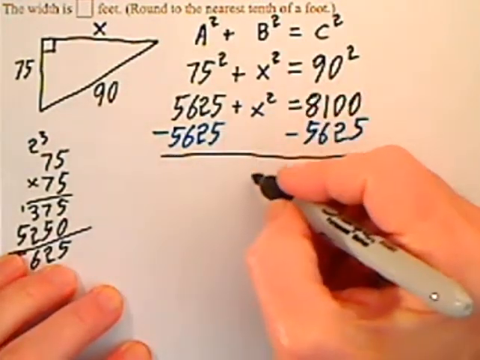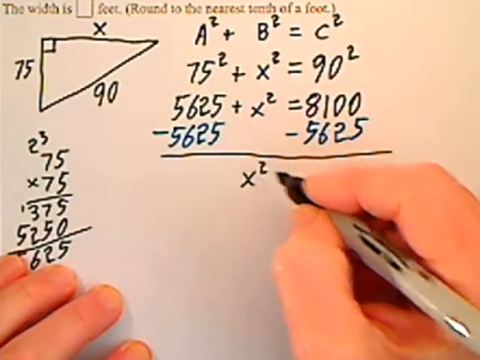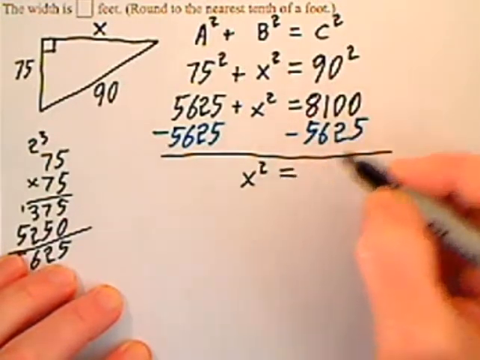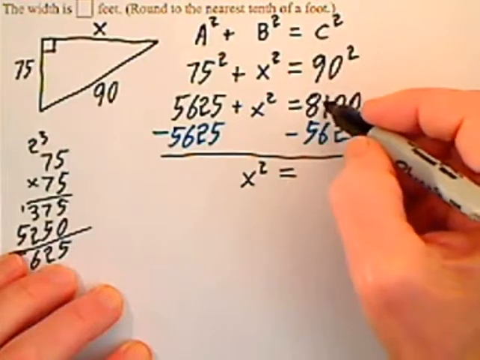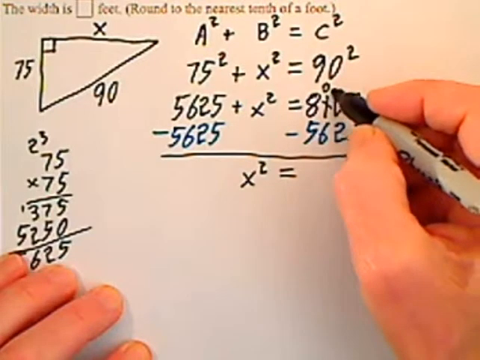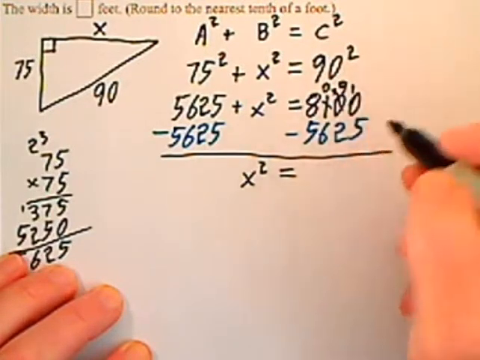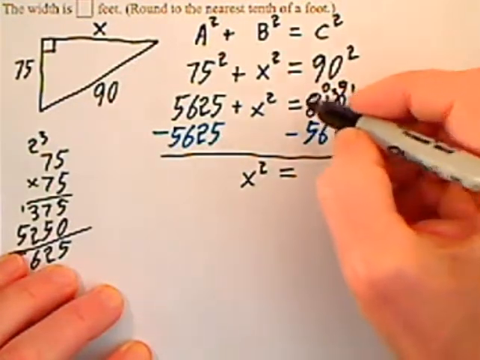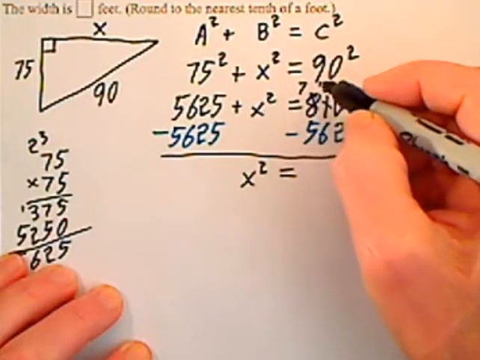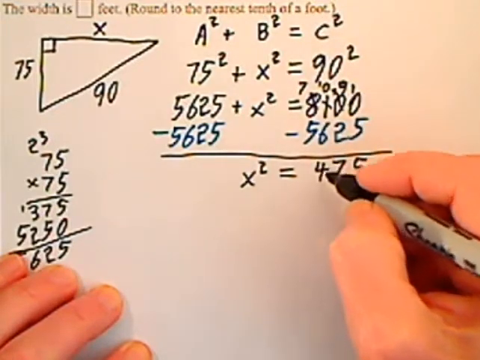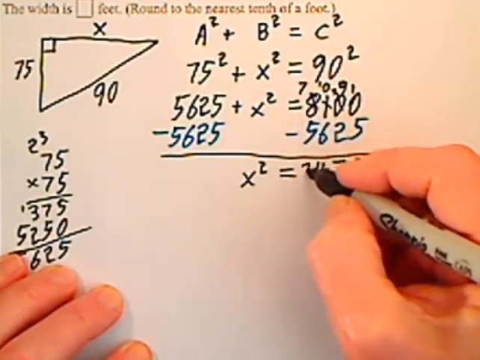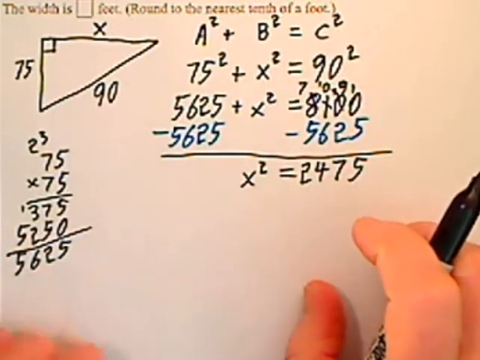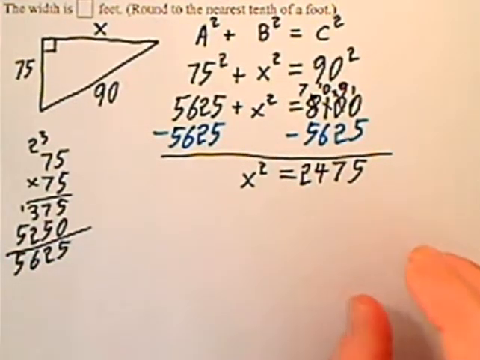That's a 0, so we have x squared is equal to 2,475.